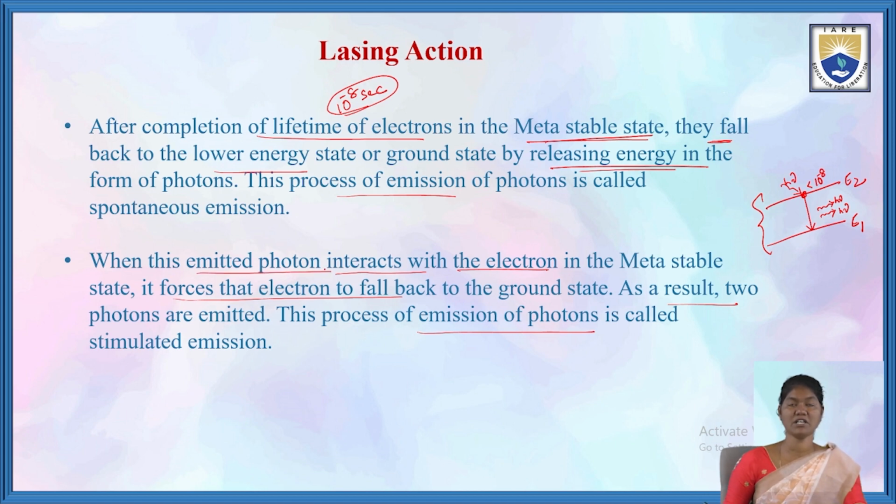When this photon emitted through spontaneous emission interacts with the electron in the metastable state, it forces that electron to fall back to the ground state. The metastable state is the state at which the electrons have a longer lifetime. It is readily available in the impurity atoms of a crystal.